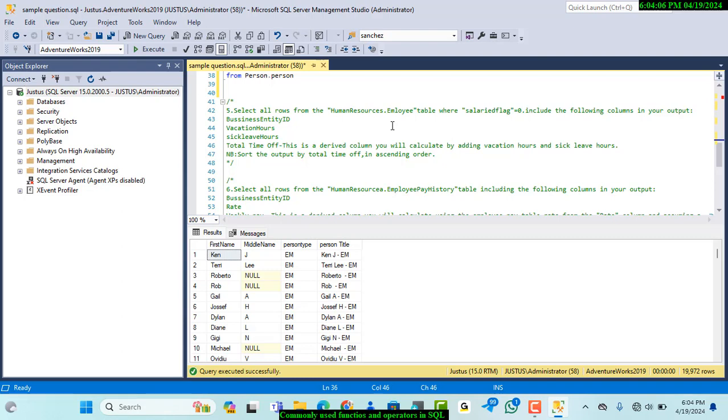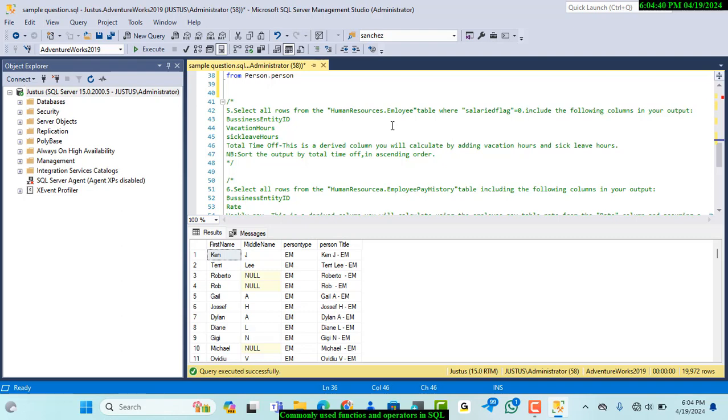Select all rows from the HumanResources.Employee table where SalariedFlag is equal to 0. Include the following columns in the output: BusinessEntityID, VacationHours, SickLeaveHours. Then you have a derived column named TotalTimeOff. This is a derived column you will calculate by adding vacation hours and sick leave hours. Then you are told to sort the output by total time off in ascending order.